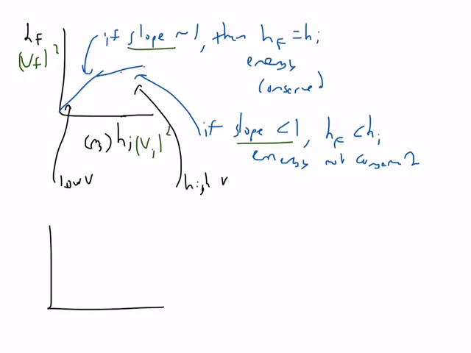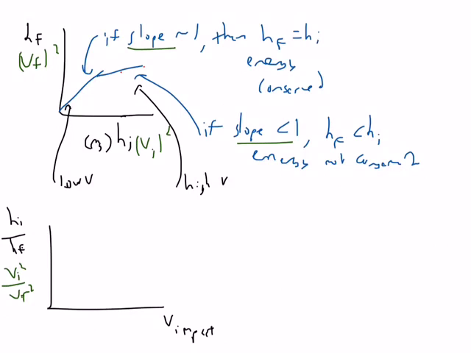There's another way you could plot this. As a function of the impact speed, you could plot a ratio on the other axis, H_I over H_F, or V_I squared over V_F squared if you did the other one.